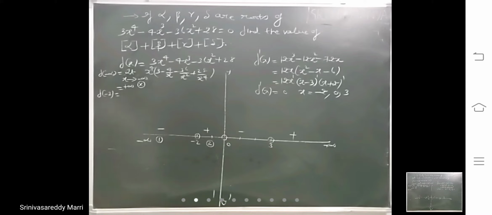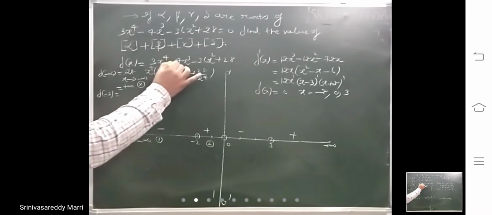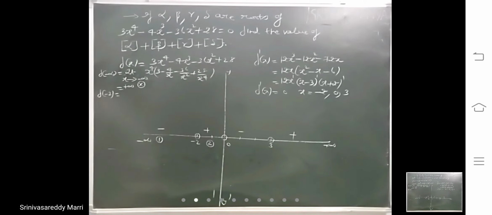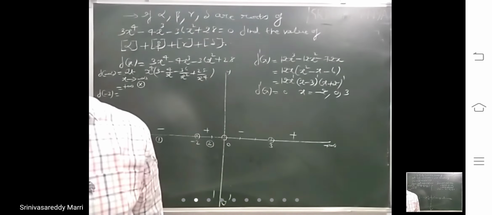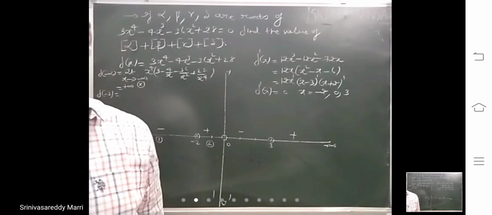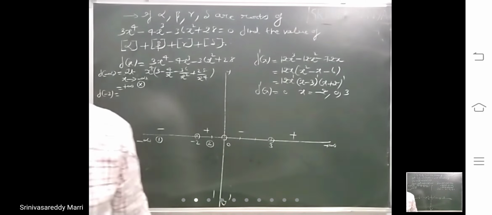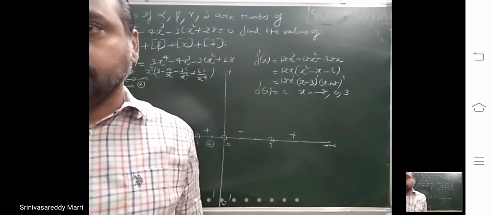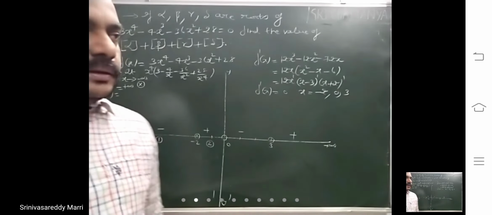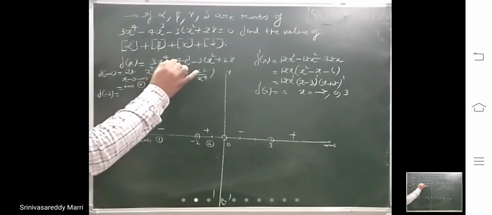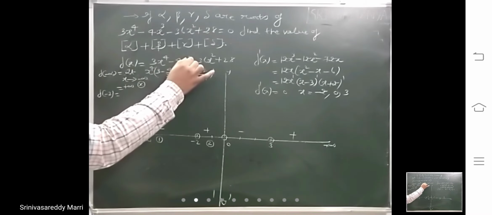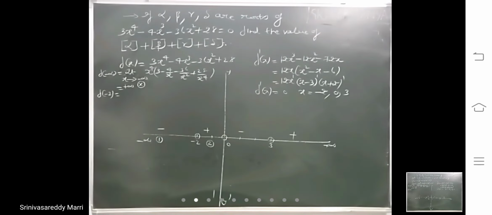Substitute minus 2 in this and tell the value. I am waiting for somebody to tell. It is 3 into minus 2 to the power 4 minus 4 into minus 2 whole cube minus 36 into minus 2 whole square plus 28. Fast.